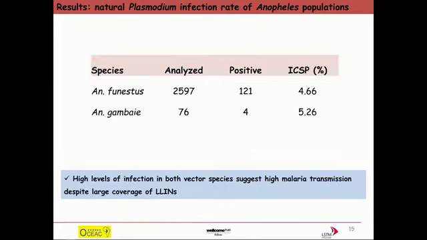Looking at the natural Plasmodium infection of our population, we analyzed mosquitoes by ELISA, and we observed high infection prevalence in both vectors, Anopheles gambiae and Anopheles funestus. This showed that there is a high level of malaria transmission in this site despite high coverage of long-lasting insecticidal nets, which is up to 80%.